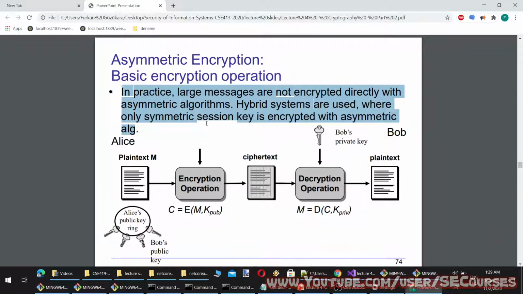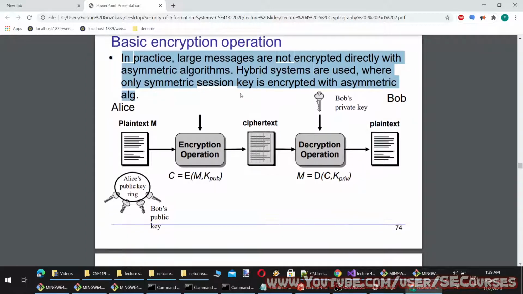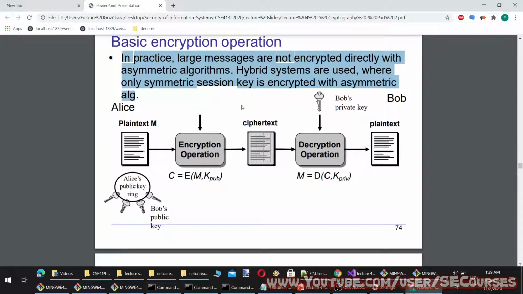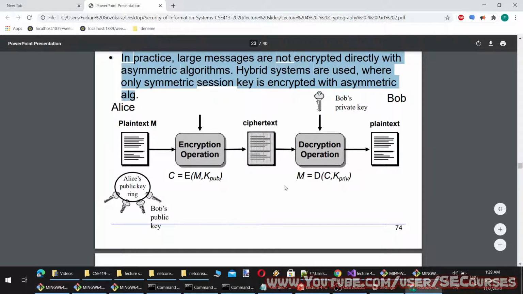Asymmetric encryption is used to exchange keys, and then symmetric encryption is used, because exchanging private keys is harder. You use the same private key to encrypt and decrypt.